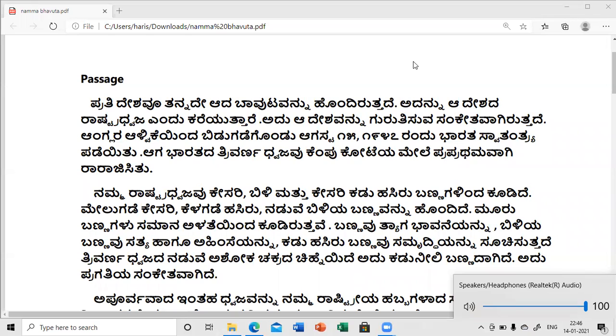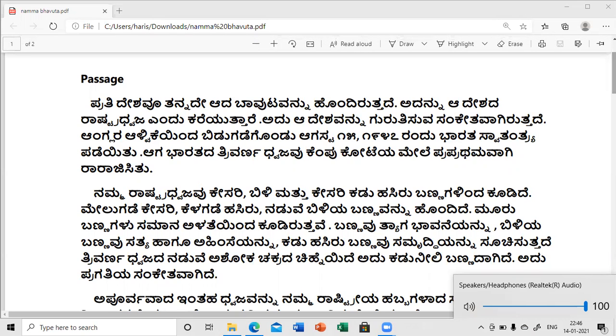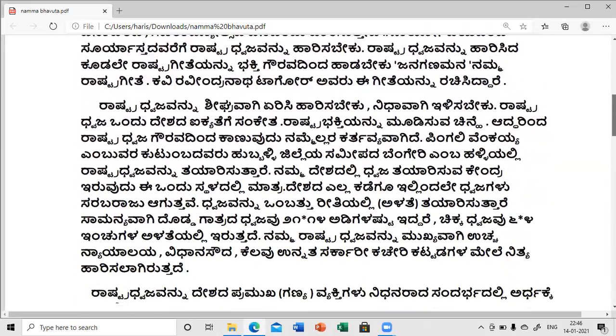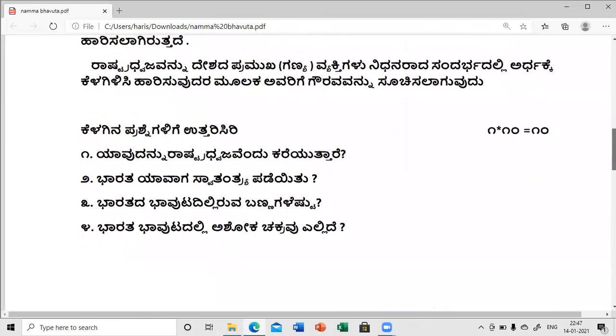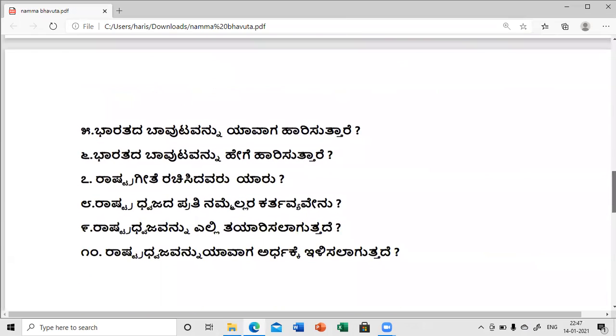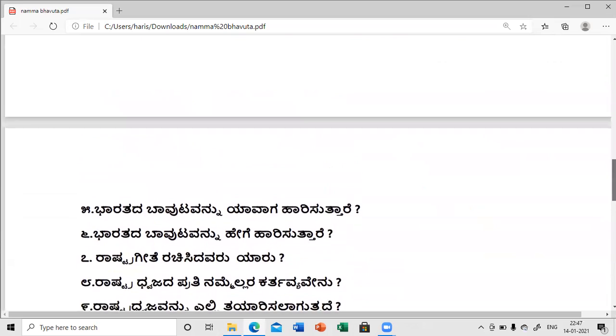All right, so let's start with the passage and also the questions that are usually asked in the test. Usually the passage that you're going to get is about a page, and you will also have 10 questions which you need to answer from the passage.